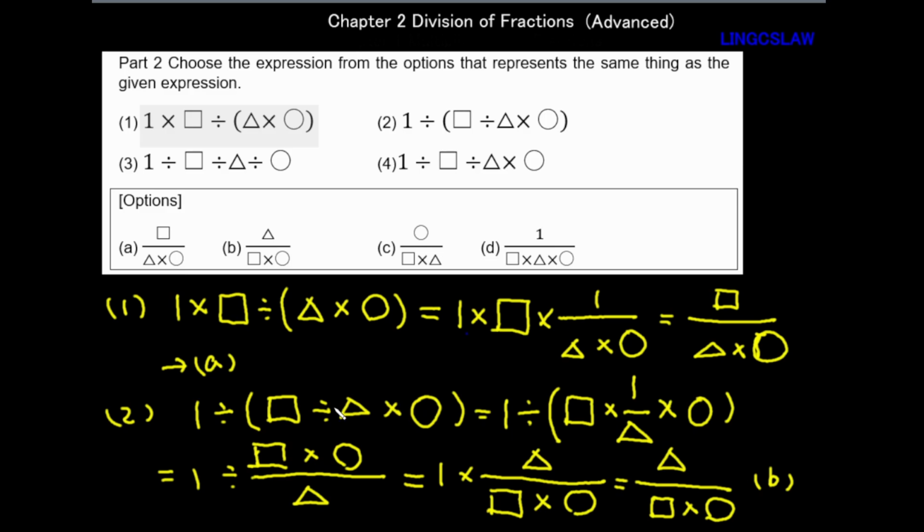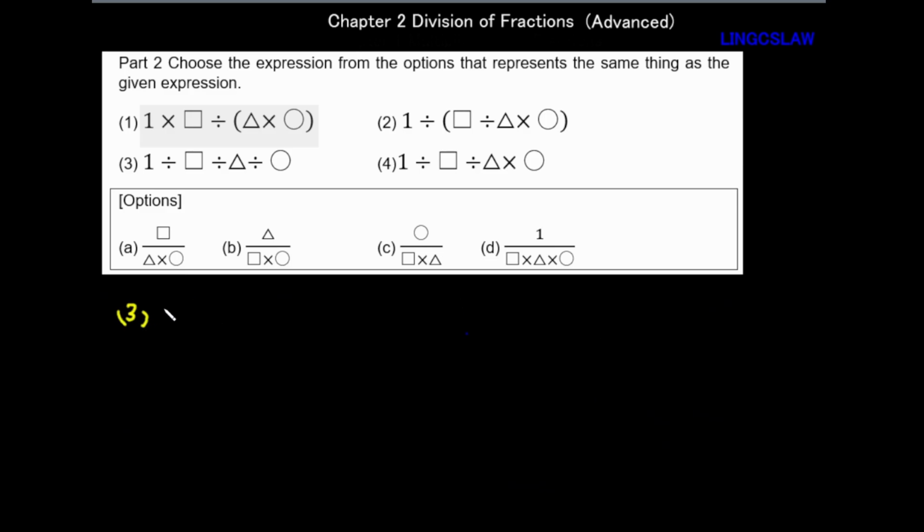Now number 3. 1 divided by a square divided by a triangle divided by a circle. Let's change the division into multiplication.